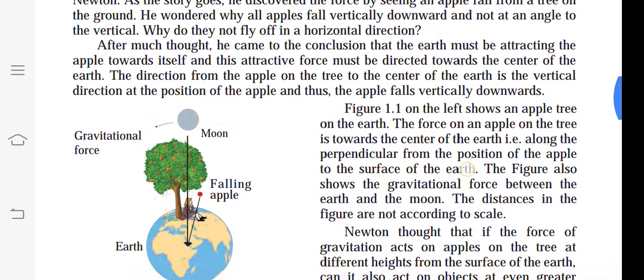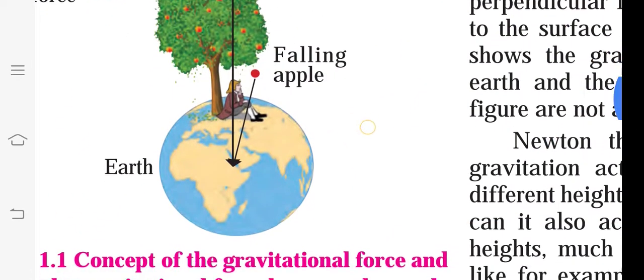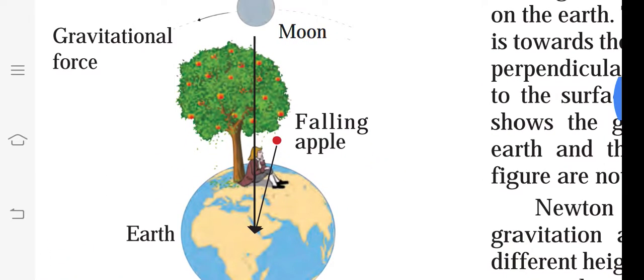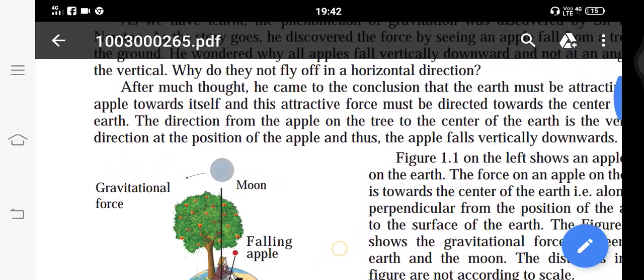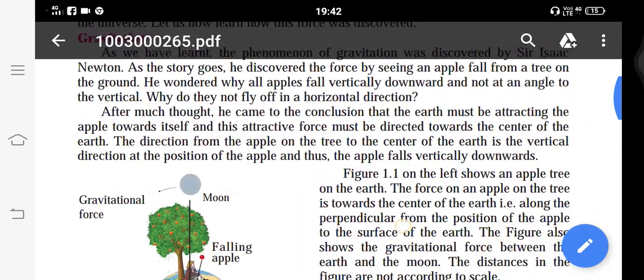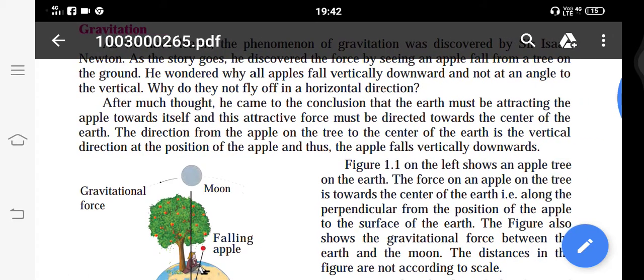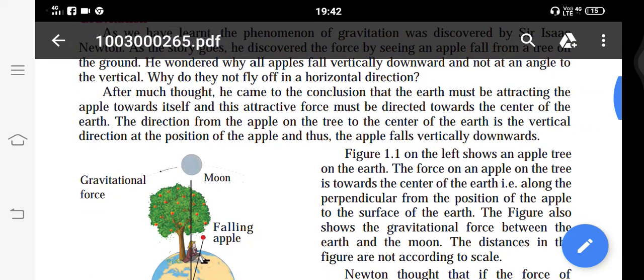So now here you may see that Isaac Newton is on the earth, one apple tree is there, and the force of gravitation is towards the downwards. So a falling apple is there, and that's why it's a gravitational force. Now listen, after much thought, he came to the conclusion that the earth must be attracting the apple towards itself, and this attractive force must be directed toward the center of the earth.